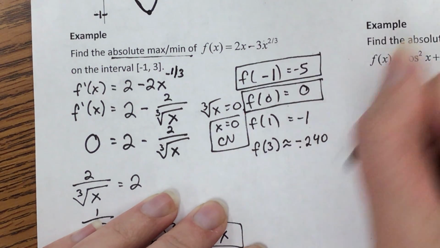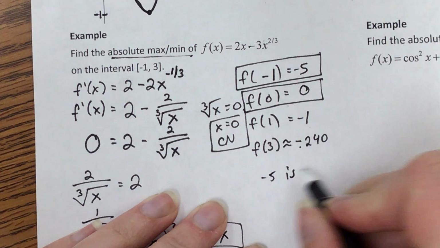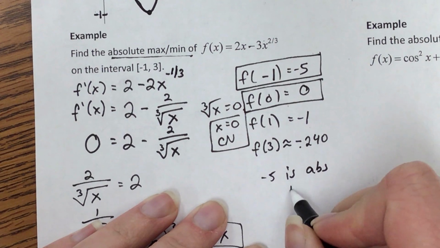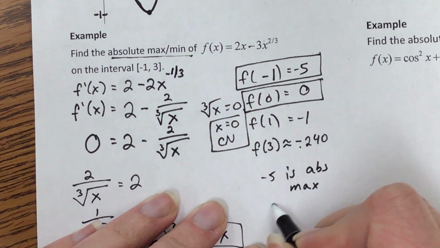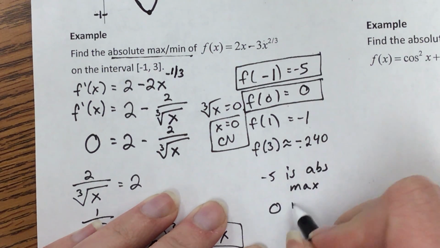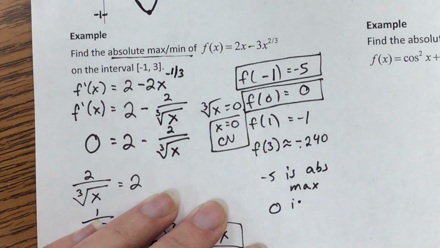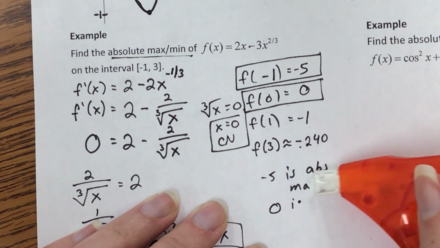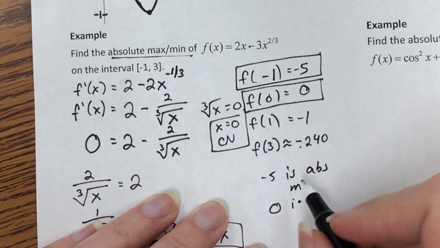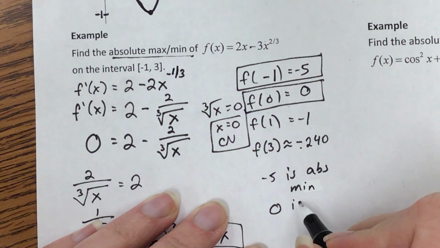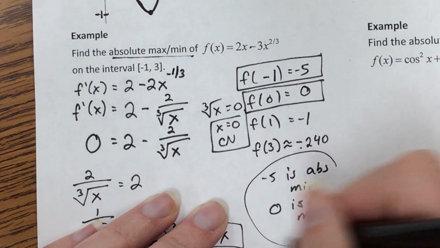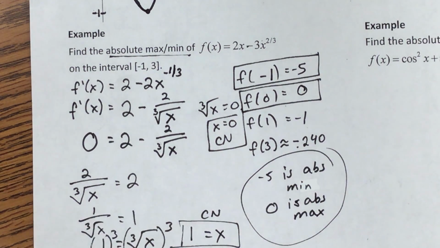So -5 is the absolute min. 0, remember y values. Oh, my goodness, that should say min. -5 is the absolute minimum and 0 is the absolute max. There we go. All right, last one on this page.